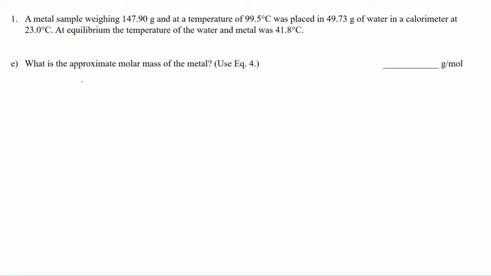heat. So the law simply says that the molar mass of a metal will equal 25 joules, the amount of energy that they found 1 mole requires to raise its temperature by 1 degree, divided by the specific heat of the metal. And remember, the units for specific heat are joules per gram degree.